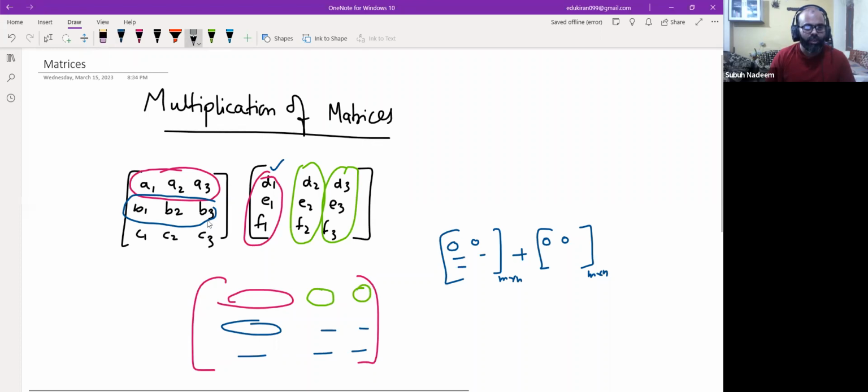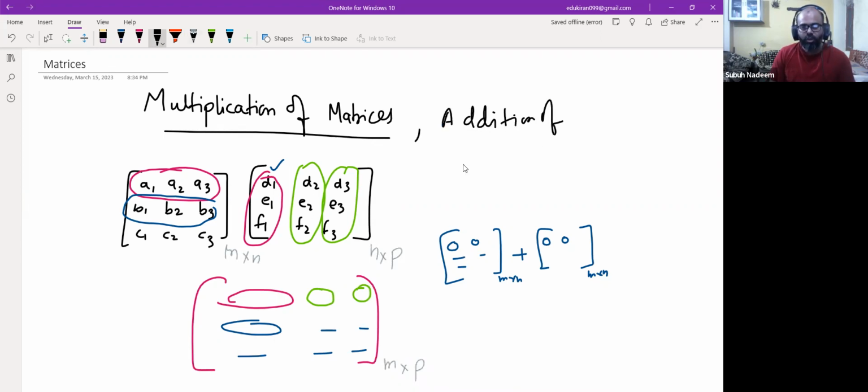For multiplication, if the first is M cross N, the second has to be N cross P, and the resultant will be M cross P. There have been questions asked in previous years based on these concepts.